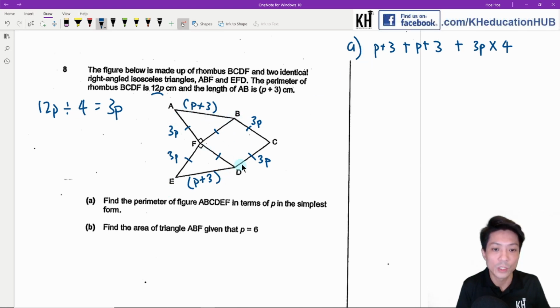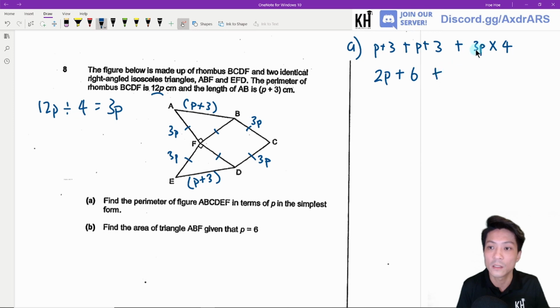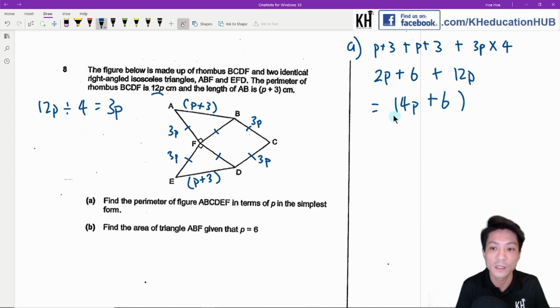I just want to make sure I've covered the whole perimeter. I think I did. This is 3p plus 6, and then 3 times 4 will be 12p. So altogether will be 14p plus 6 centimeters. This will be the answer for part A.